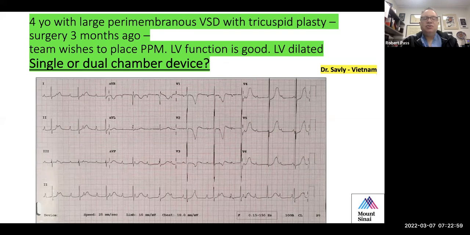When children have normal ventricular function, the actual impact of dual chamber versus single chamber pacing is not very large in terms of cardiac output. So it really is, to a large degree, based on what the hemodynamics are of the patient. For example, I follow a young man who had a VSD and coarctation. He's a teenager.